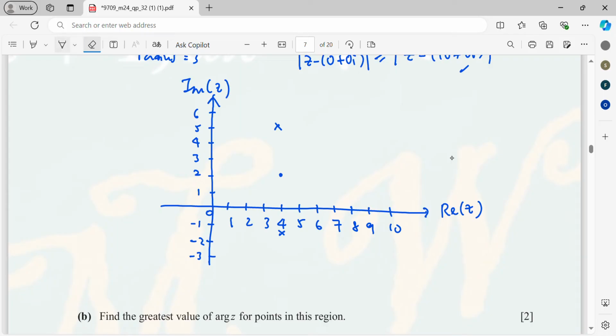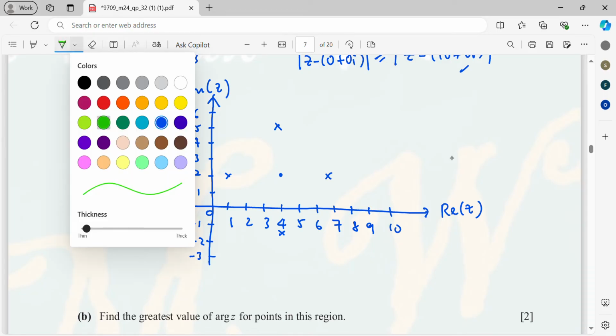Then after that, 3 units to the right side, and then 3 units to the left. Excuse me. Now here we can draw the circle.